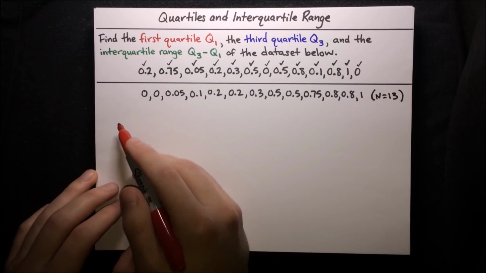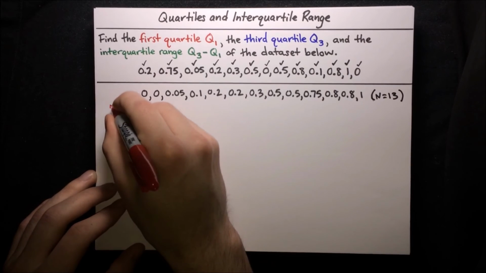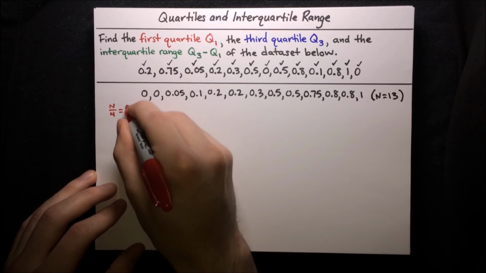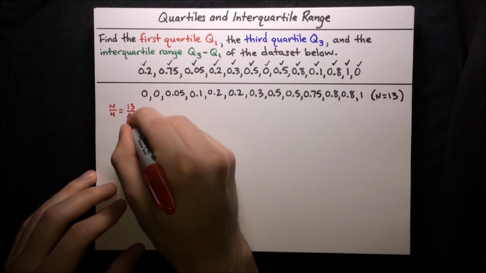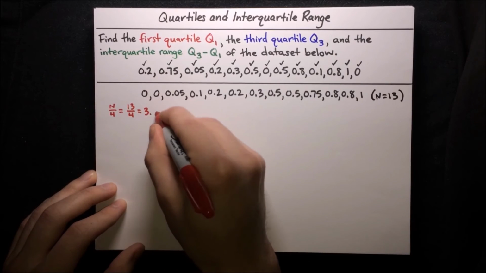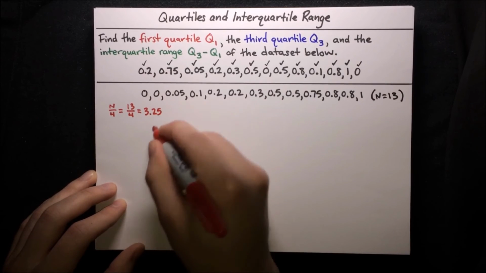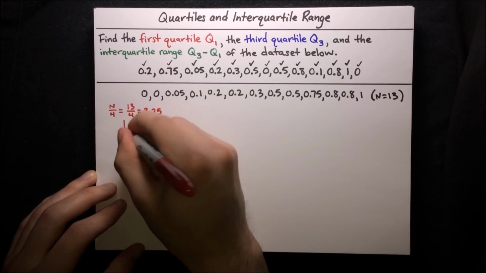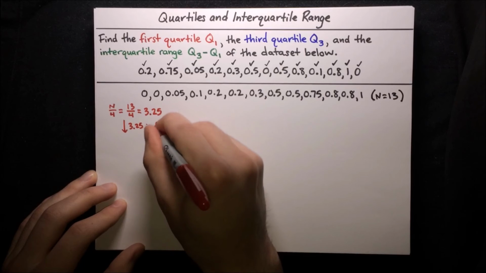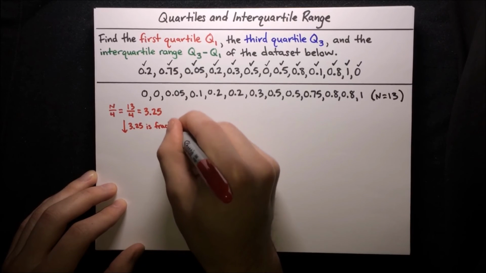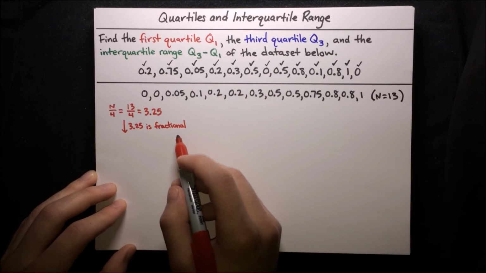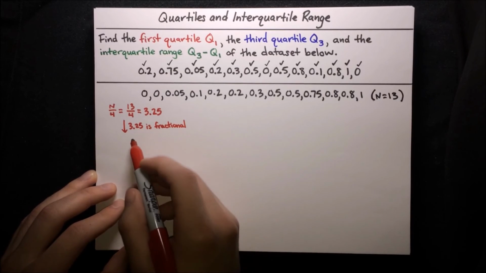For the first quartile, we want to compute n over 4 to start with. n is 13, so that's 13 over 4, and 13 over 4 is equal to 3.25. Now, because 3.25 is fractional, it's a decimal, not a whole number, we want to round up to the nearest whole number.